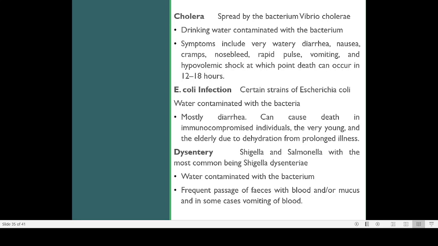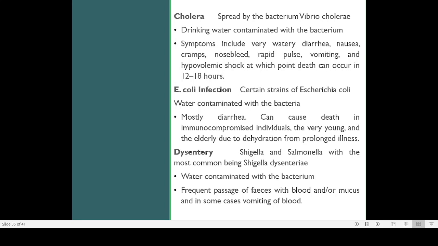So E. coli infection, in a normal case for a healthy adult person in younger ages, won't be causing any problem. But for a very old person as well as young children, also the immunocompromised people, they will be having this problem caused by E. coli infection.